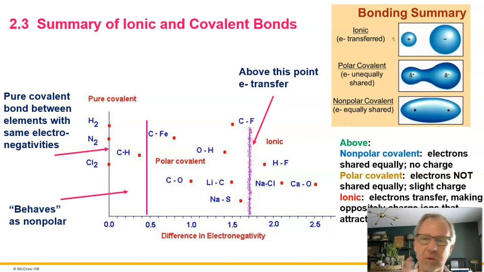And then finally on the right-hand side of the chart, you see that 1.7 mark, and above that mark, the stronger atom gains an electron, the weaker atom loses an electron, and you get ionic bonds. So it's a visual that shows you a spectrum of what can happen. There's also a figure in the upper right-hand part of your slide that gives you a visual of how electrons are being shared or not under these different kinds of bonds.